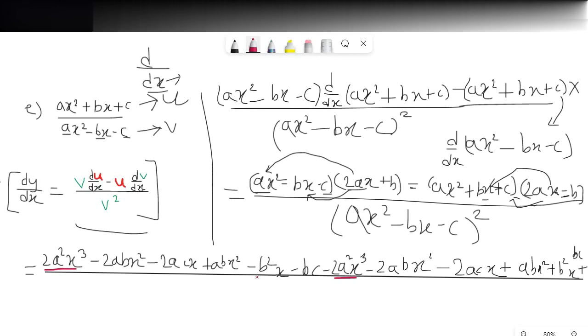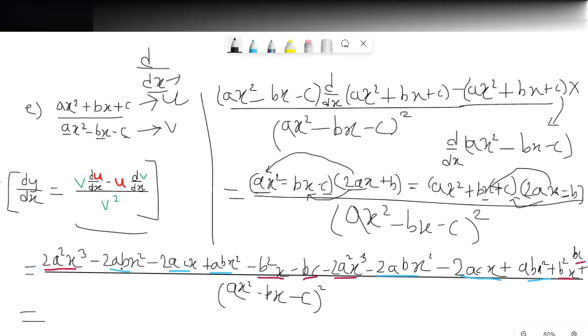Then you have minus b squared x cancel out with plus b squared x, minus bc with plus bc. So the only terms remaining are highlighted so that it's easy to understand. And as usual, whole divided by ax square minus bx minus c whole square.